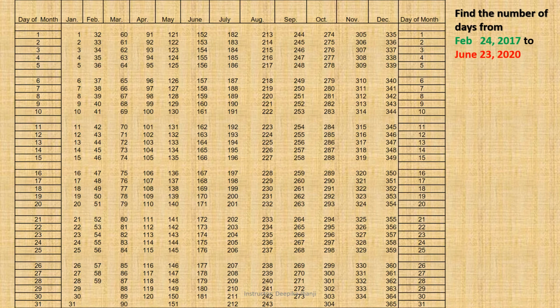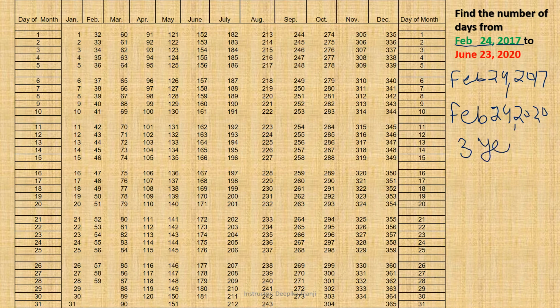Starting from February 24, 2017, our first date, to February 24, 2020, same date, we have 3 years. Now moving on from February 24, 2020 to the second date, which is June 23rd, 2020.